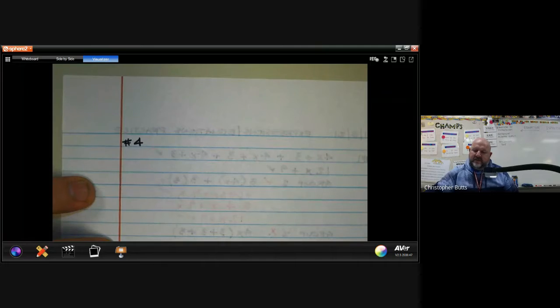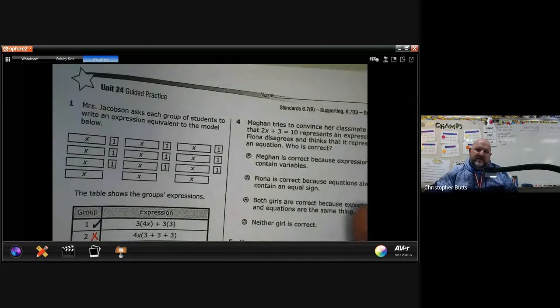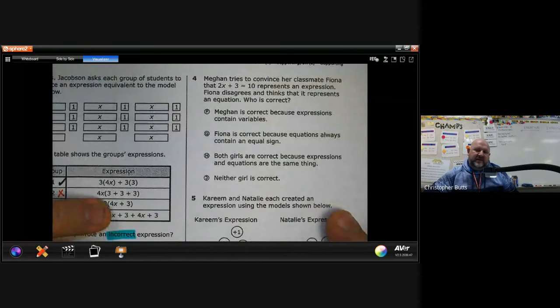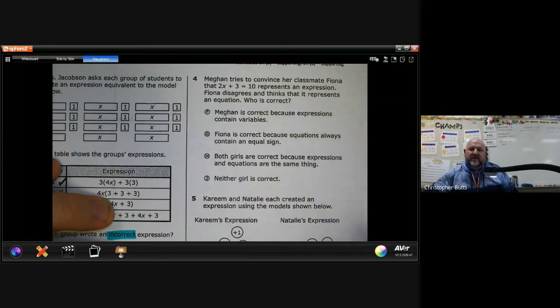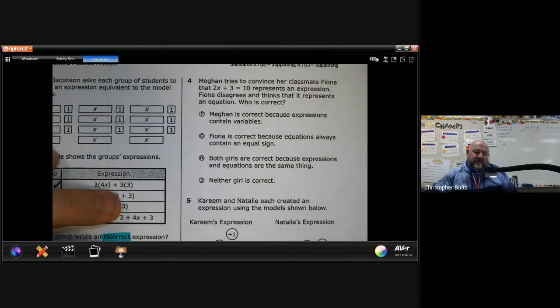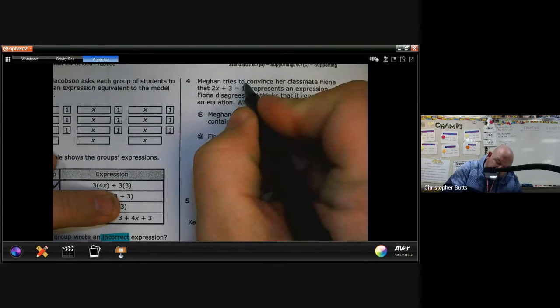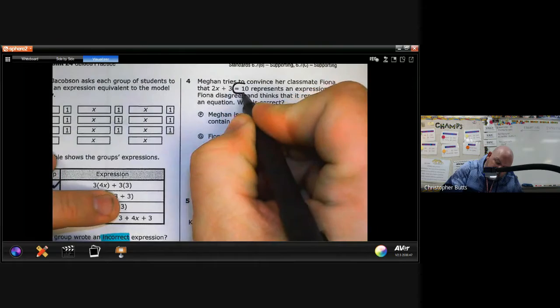This is number 4. It says, Megan tries to convince her classmate Fiona that 2x plus 3 equals 10 represents an expression. Fiona disagrees and thinks that it represents an equation. Who is correct? Well, the key to this is right here.